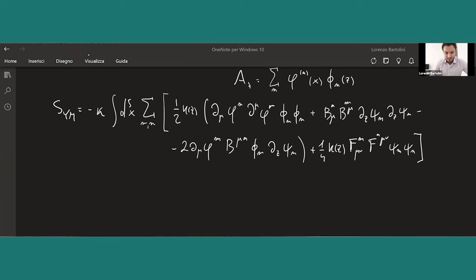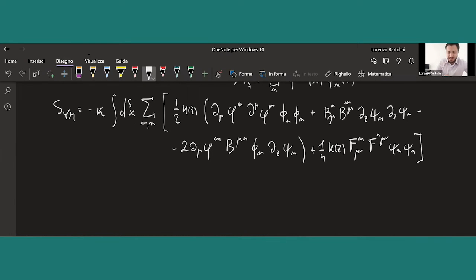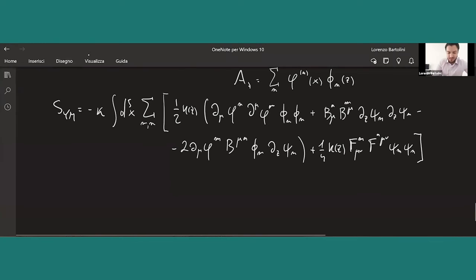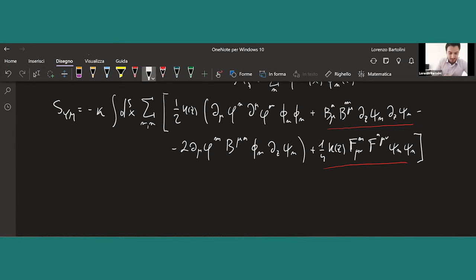But okay, we want to impose some normalization and orthogonality rules for the z-dependent functions psi and phi, and we take a look at these pieces of the action here, this one and this one. Why these ones? Well, because by integrating them, we can impose these conditions.